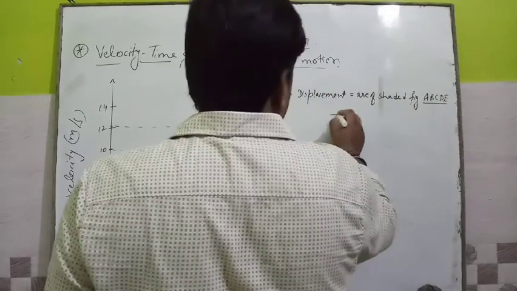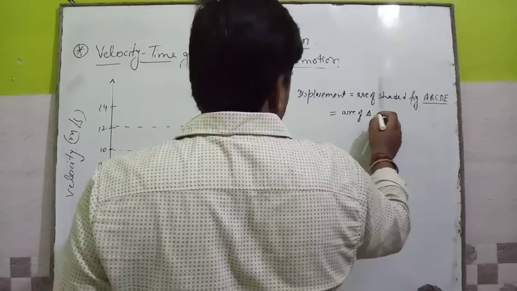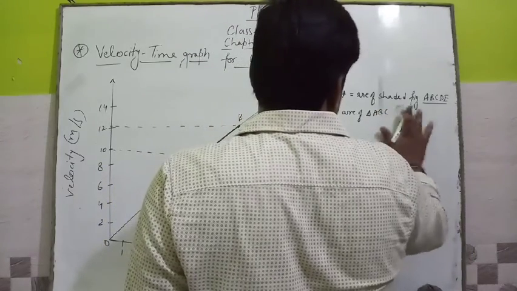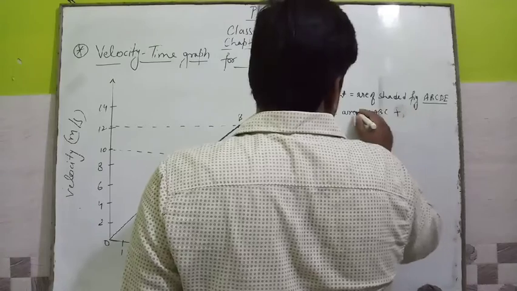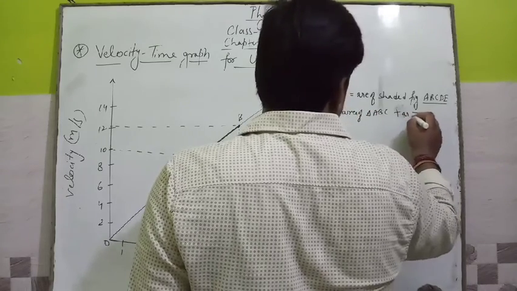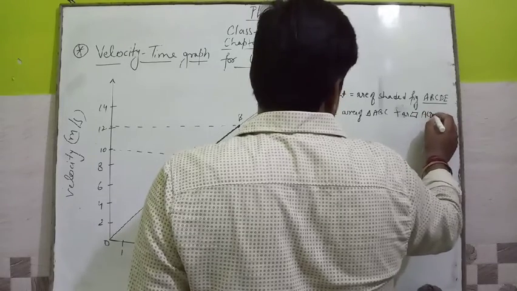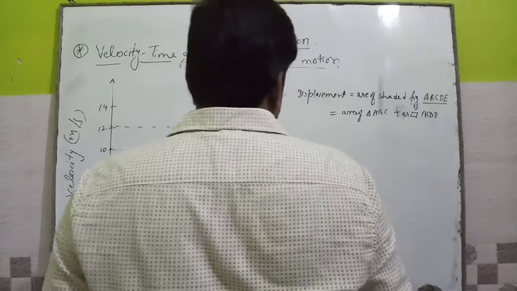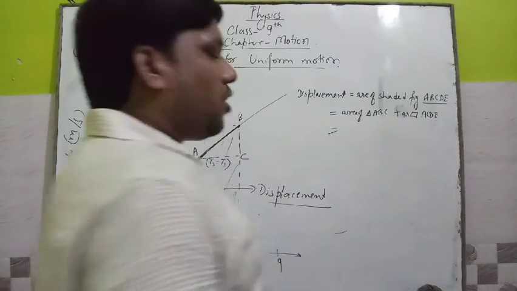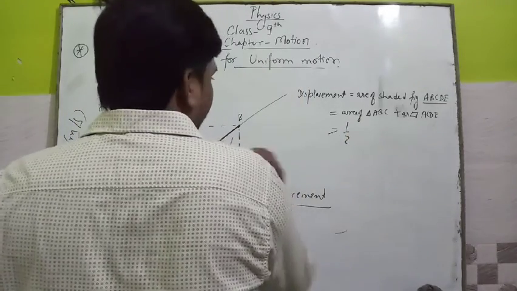This is divided into the area of triangle ABC plus the area of rectangle ACDE. You know that the area of a triangle is half into base into height, because this is a right angle triangle.